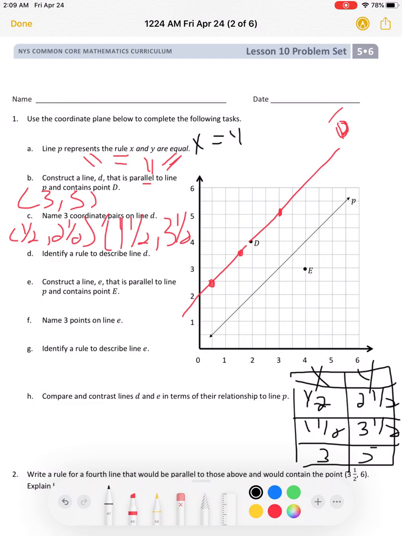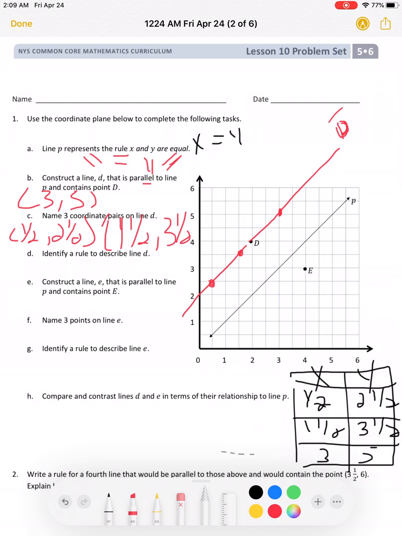So let's look at the relationship between x and y. What did they do to go from 1/2 to 2 and 1/2? Well, it looks like they added 2. 2 plus 1/2 equals 2 and 1/2. Let me see what happens with the next set. When they go from 1 and 1/2 to 3 and 1/2, maybe they added 2. 1 and 1/2 plus 2 is 3 and 1/2.